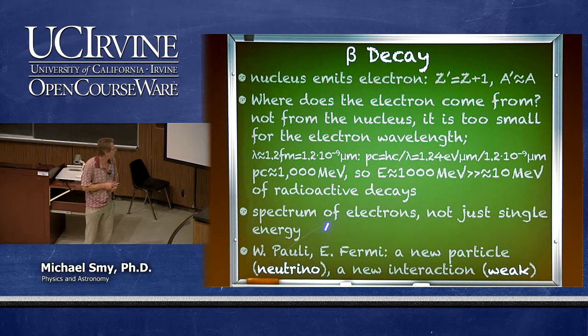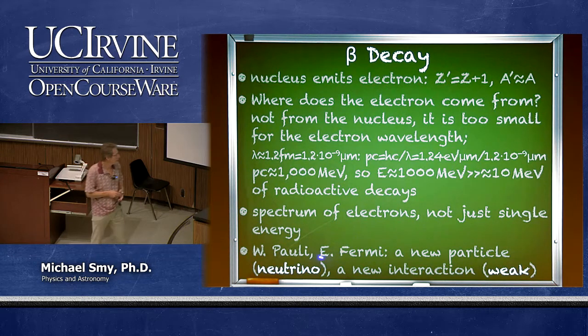And finally, Pauli suggested that there has to be a new particle, one that nobody's ever seen before, and that new particle was eventually called the neutrino. He called it the neutron, but it was eventually called the neutrino, and it has strange properties. It has no electric charge, it has very little mass, and it only appears in this obscure beta decay process.